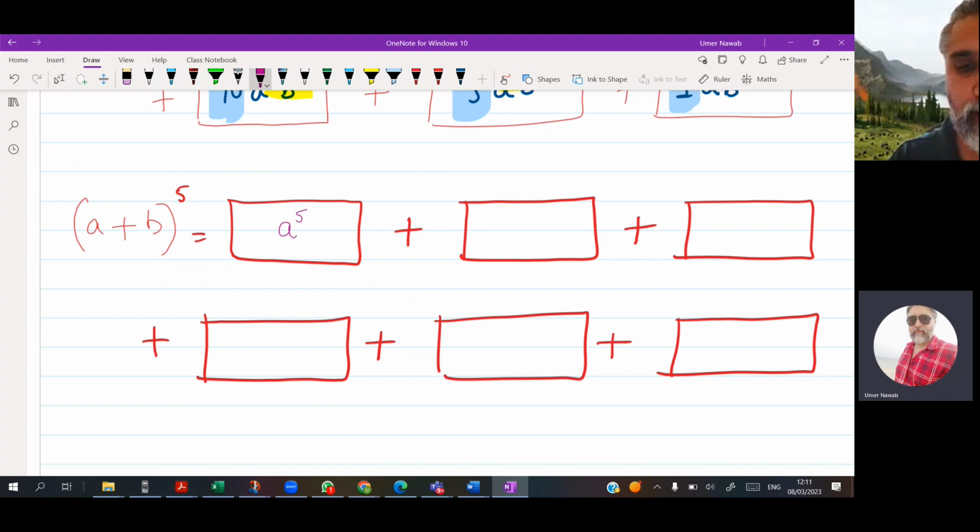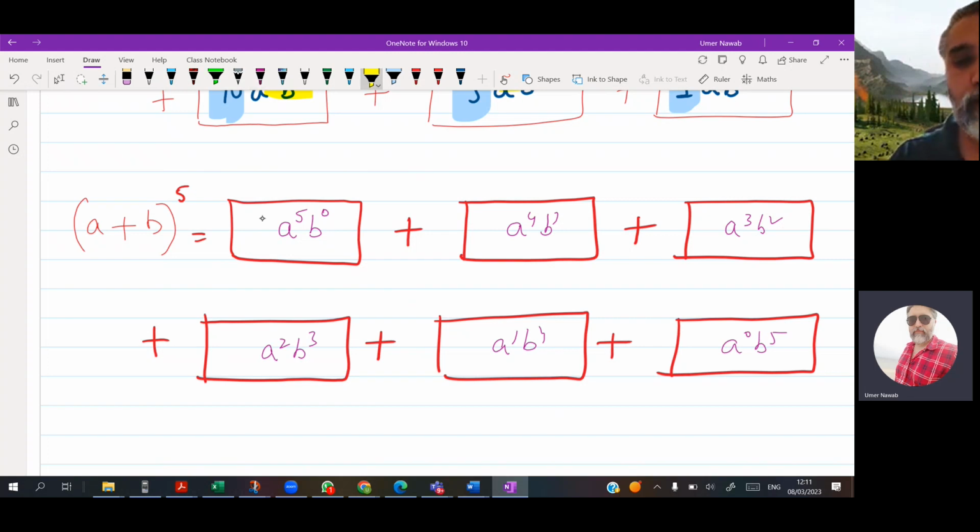So a power 5, a power 4, a power 3, a power 2, a power 1, a power 0. Then the second term will start from the power 0, 1, 2, 3, 4, and 5.